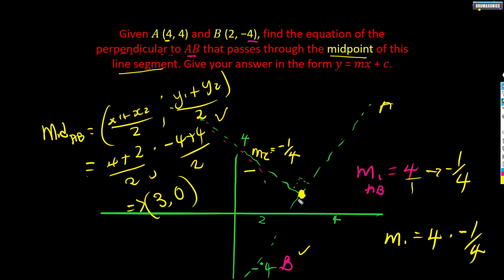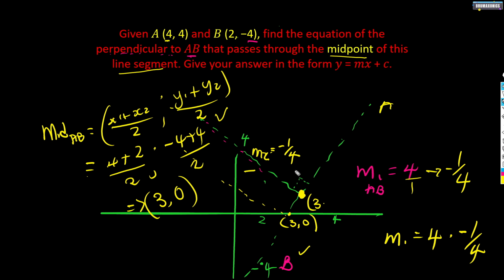So this is the midpoint, 3 and 0. It means 3 for X somewhere here, and then 0 for Y, somewhere here, 3 and 0, right? If you check, you'll be able to see that the midpoint that we are looking for will be here, right?